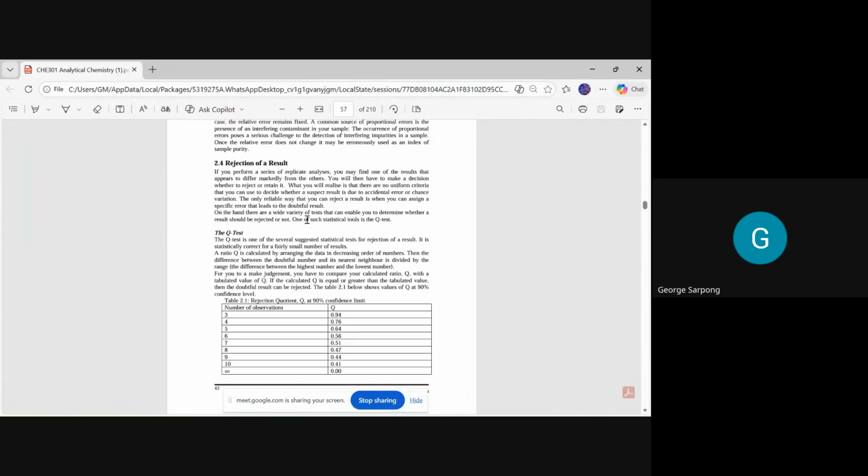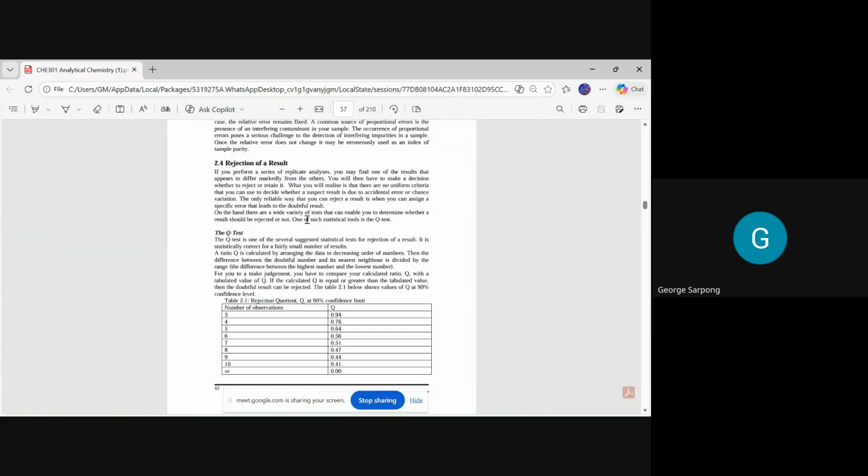If you perform a series of replicate analyses, you may find one of the results that appears to differ markedly from the others. You will then have to make a decision whether to reject or retain it.